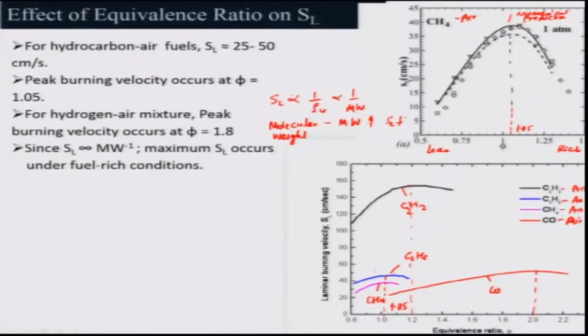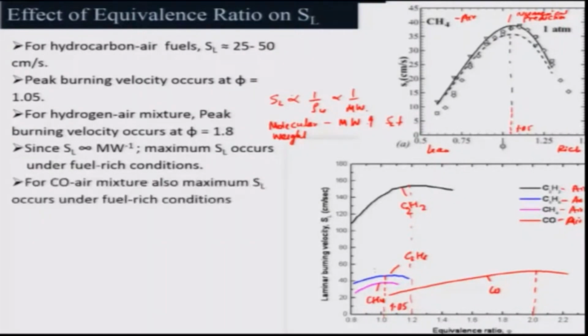SL will decrease, or vice versa: when the molecular weight of the mixture decreases, the laminar burning velocity will increase. So, one can explain that for CO air mixture also the maximum occurs under fuel rich conditions.